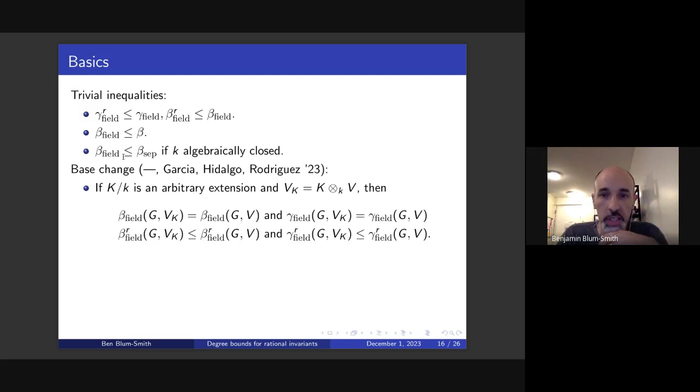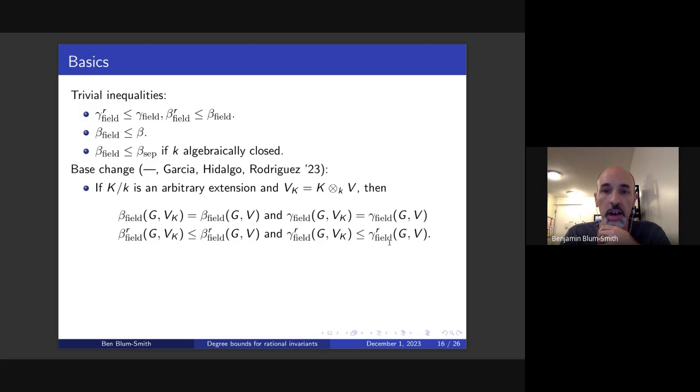The first is base change, even for these things involving fields rather than just rings. If we were working with rings instead of fields, these would all be equalities and they would all be trivial. It's a little bit less trivial, but basically routine algebraic bookkeeping to show that for the polynomial generators and the polynomial transcendence basis, base change doesn't change anything.